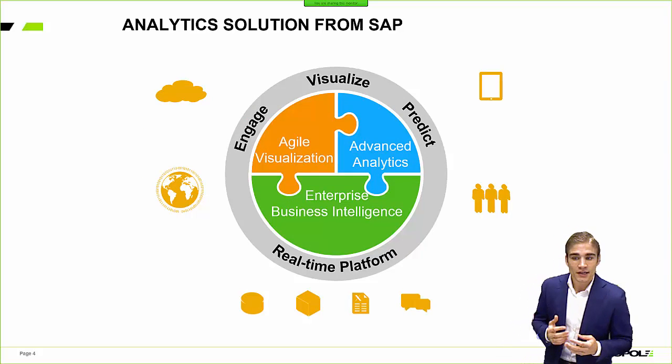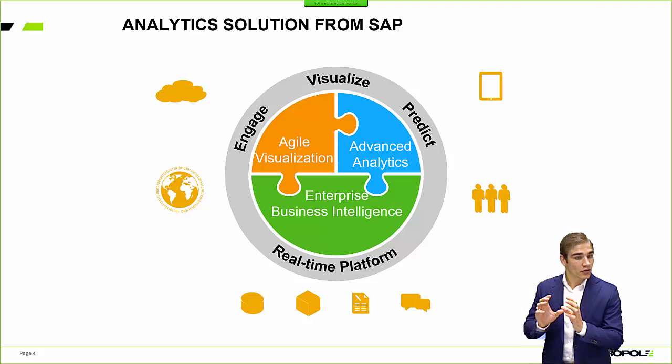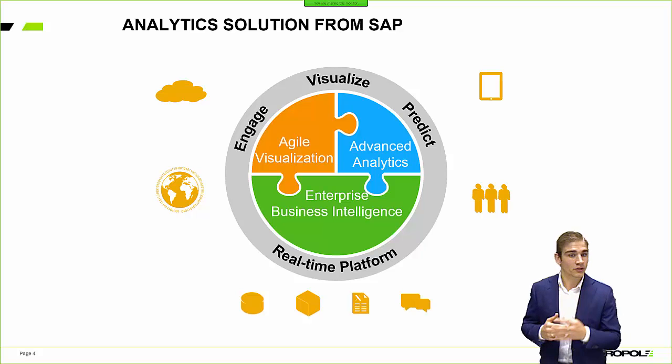So starting with the analytic solutions from SAP. On the top left, you see Agile Visualization, so the exploratory analysis tool SAP Lumira. You'll get to see today as well. And on the top right, you have Advanced Analytics, being our predictive analytics tools and what is the main subject of today.